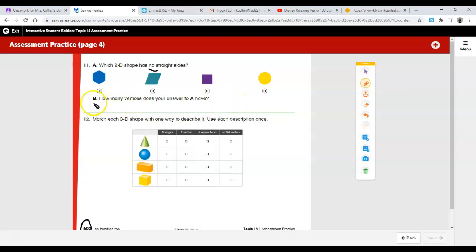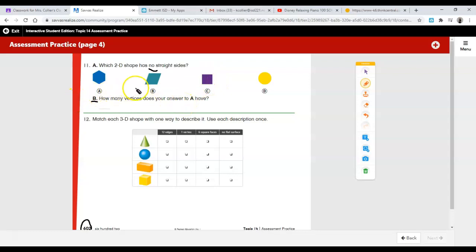And then for part B of this question, it says, how many vertices does your A answer have? So for example, let's say we picked C for our answer. If I picked C for A, when B says how many vertices does my A answer have, I would count the vertices that shape has.